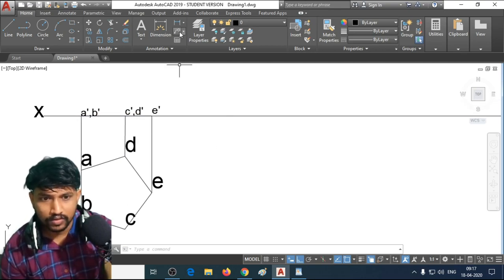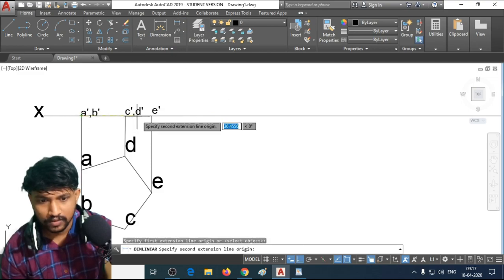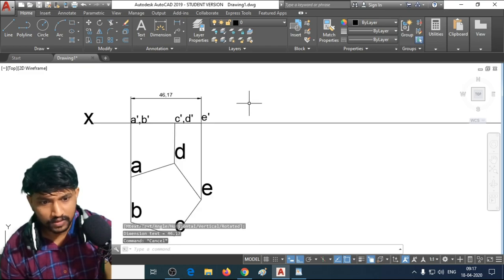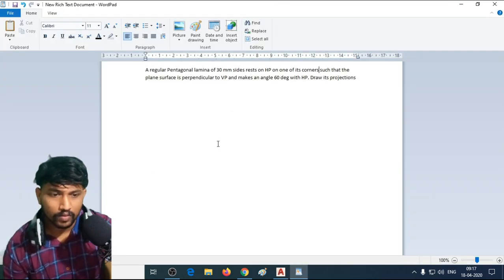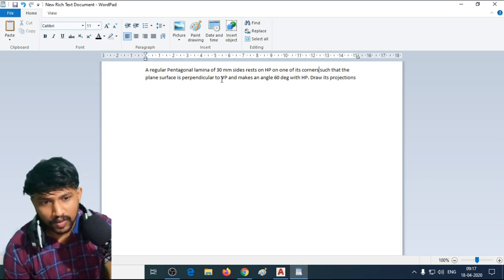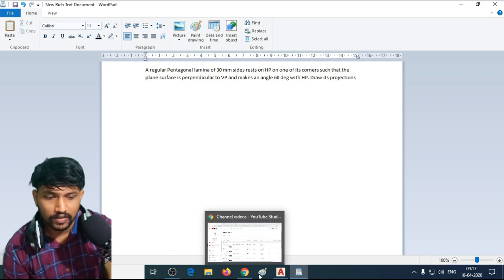So what I'm going to do now is I'm going to measure this line, 46.17, keep that aside. What else was given to us? Plane surface is actually perpendicular to the vertical plane and it has to make an inclination of 60 degrees with the horizontal plane.